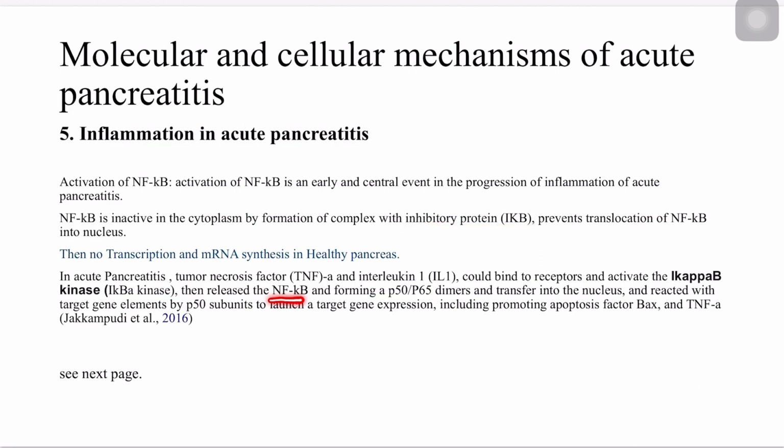NF-kappa B can be activated, and the P50-P65 dimer forms and can go into the nucleus and start, because the target gene of P50 can cause activation of transcription and gene expression, and in this case it promotes apoptosis factor BAX and tumor necrosis factor alpha, and it can cause cell apoptosis or necroapoptosis.